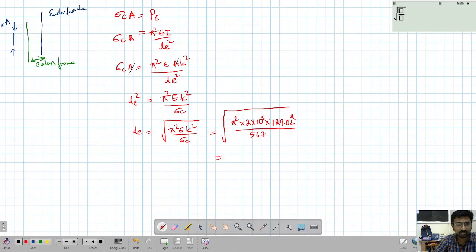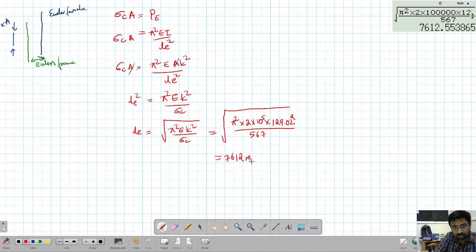So this is pi square times 2 times 10 to the power 5 times 129.02 square divided by 567. It comes to 7612 mm.